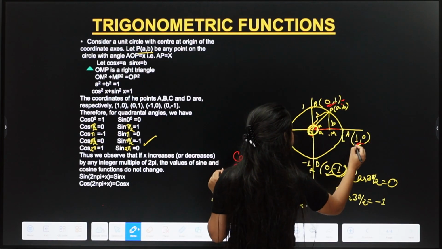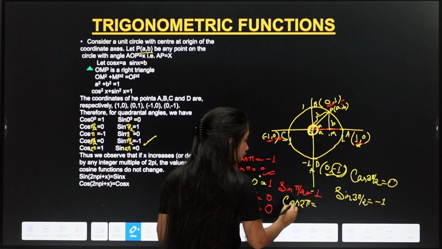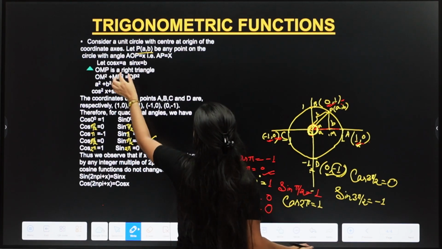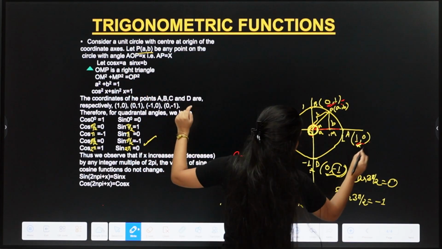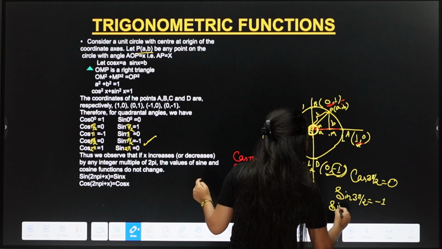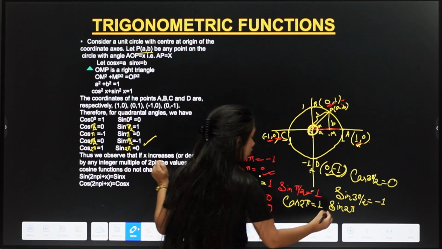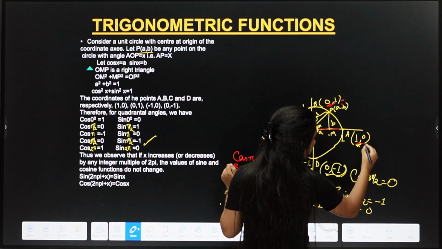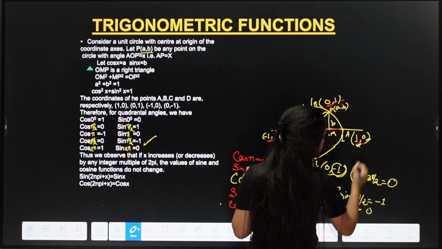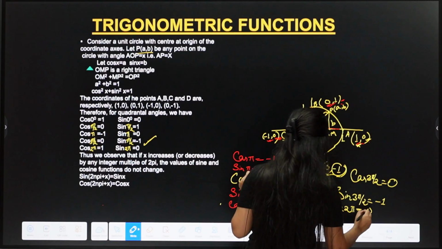Then here the a coordinate is 1, so it will be 1, since we have taken cos x equal to a and a is here 1. Again, if we put x equal to 2 pi in place of x in sin x, then it will be 0 because here b is 0. Thus, sin 2 pi is 0.